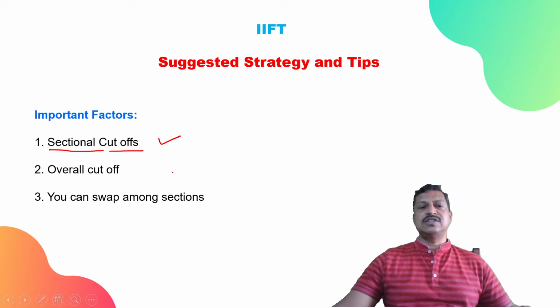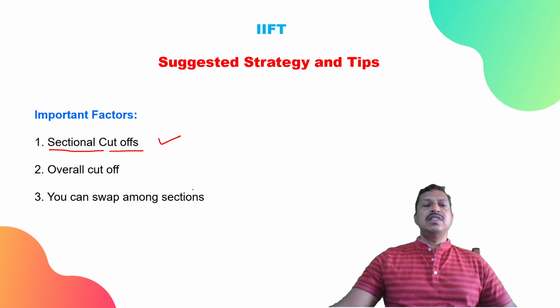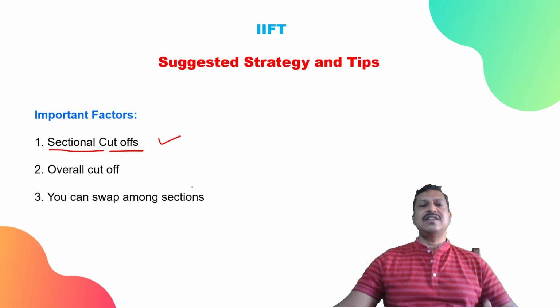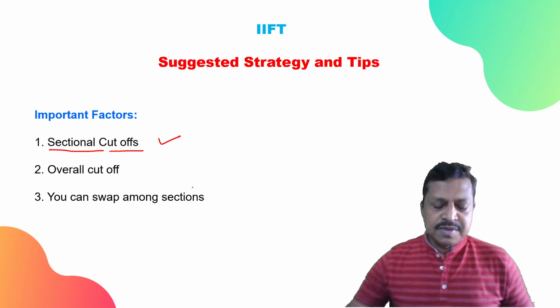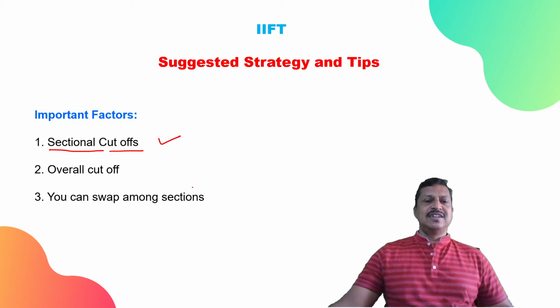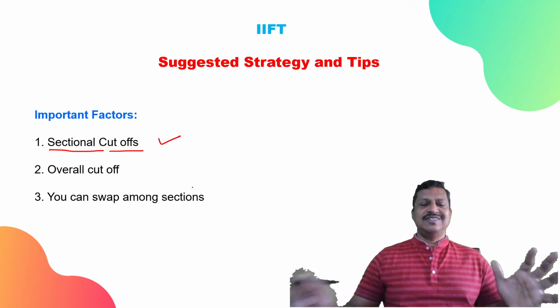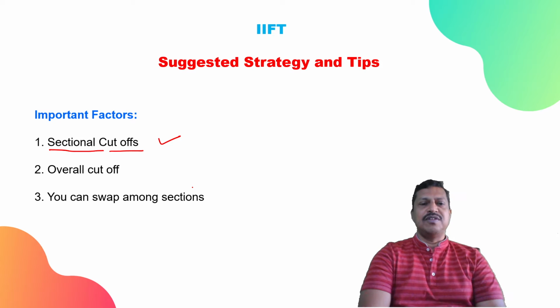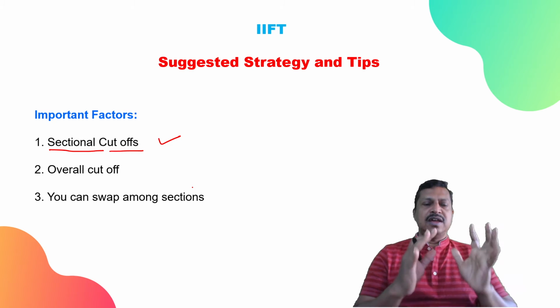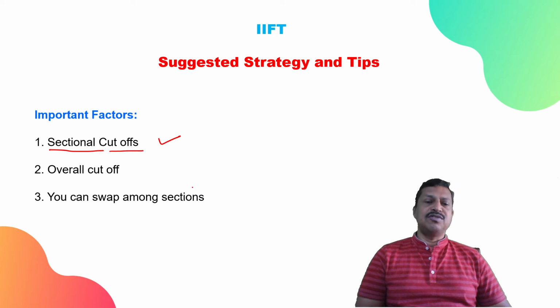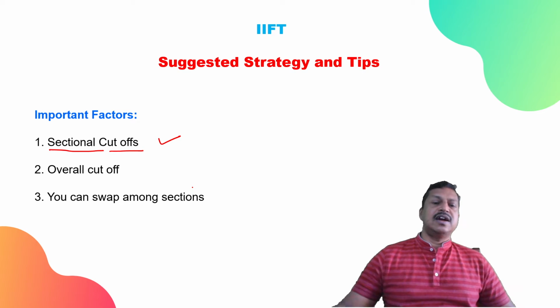All the sections, I showed you four sections, all the four sections have different sectional cutoffs and you have to clear that. Generally, sectional cutoffs, if I want to translate in terms of number of correct answers, it is somewhere around 7 to 9 correct answers. That means effectively, if you are solving say 7 to 9 questions correct, right? So then you are clearing the cutoff, right?